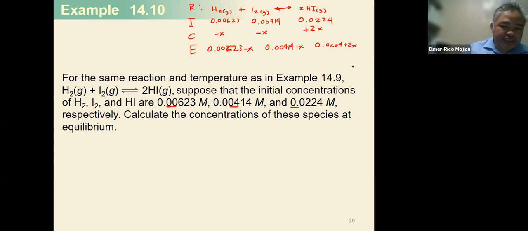Now, before we proceed, because he's going to ask you at equilibrium, can we get the Q value? What do you think?